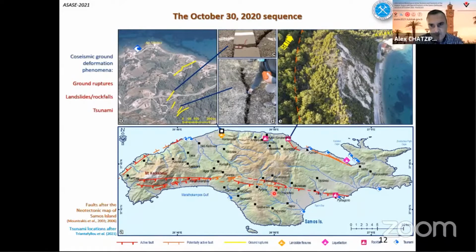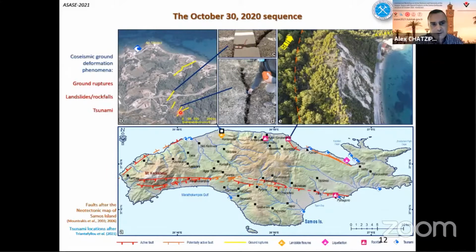One of the most interesting effects is the ground ruptures in northwestern Samos. They seem to be secondary because they are located along a mountain slope. However, they are very consistent in their strike, and they produced mainly opening, but also some vertical displacement.